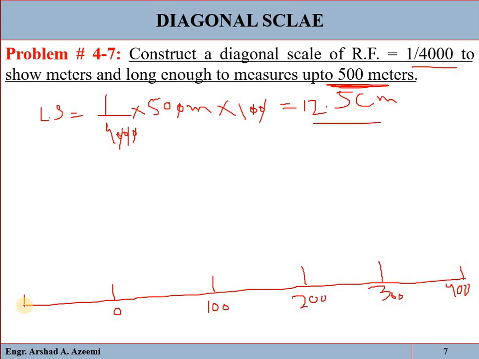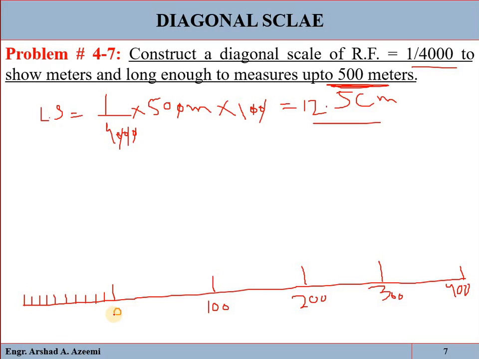Okay, now because we cannot divide it into 500 parts, as the points would be too close, and through which we cannot then transfer the dimension. So now divide the first part into 10 equal parts. See, 1, 2, 3, 4, 5, 6, 7, 8, 9 and 10.